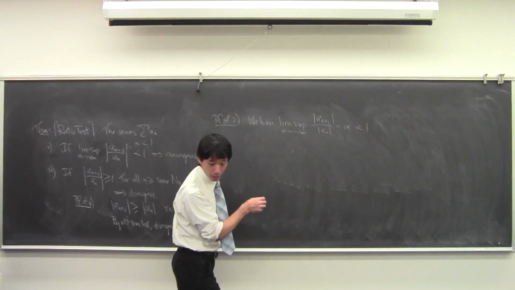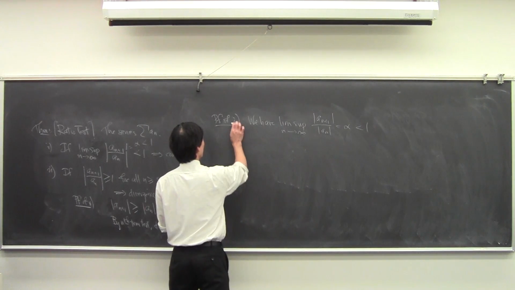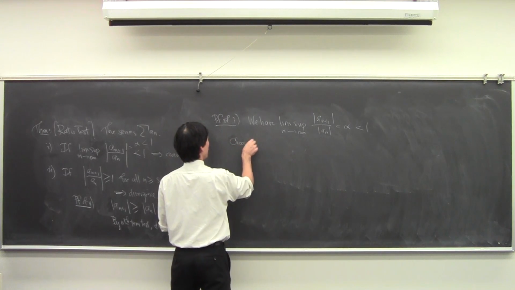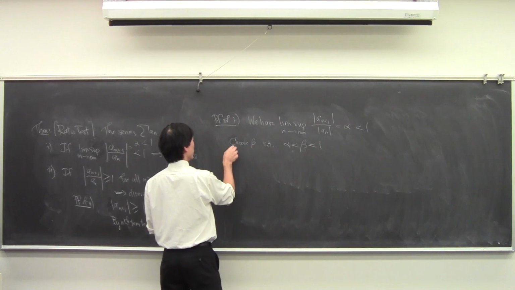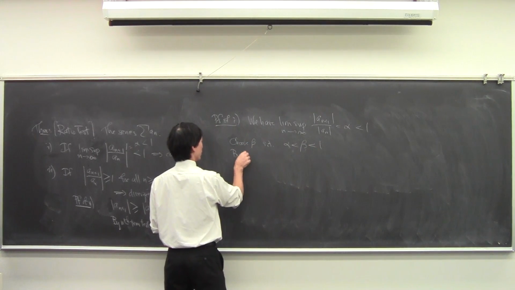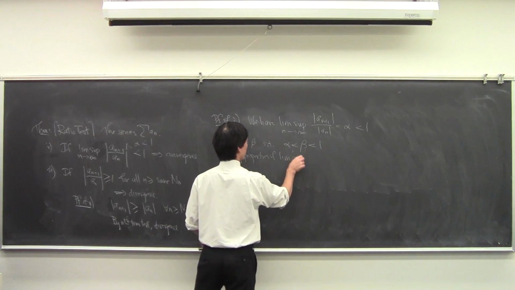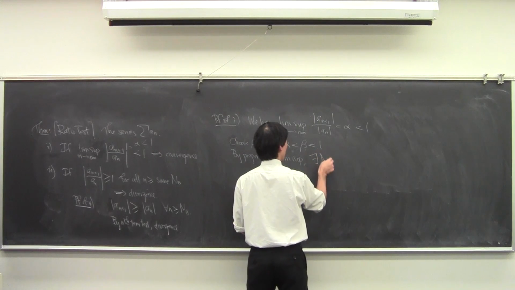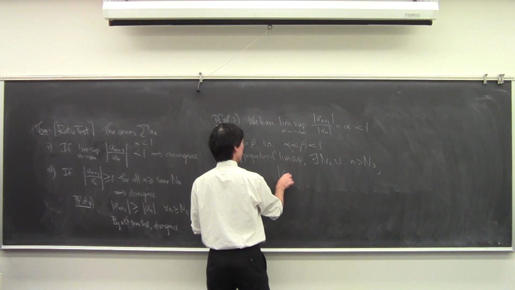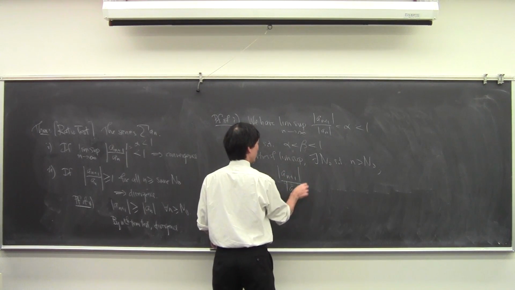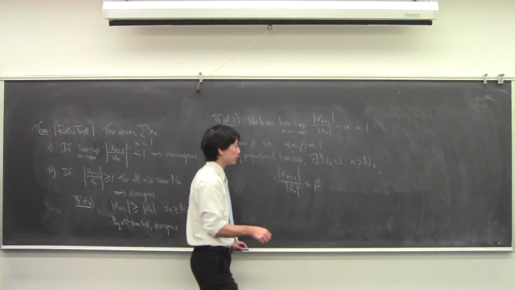You say, okay, again, choose beta between alpha and 1, and by properties of lim sup, we know there exists some point in time such that past that point, all these guys are actually less than beta.